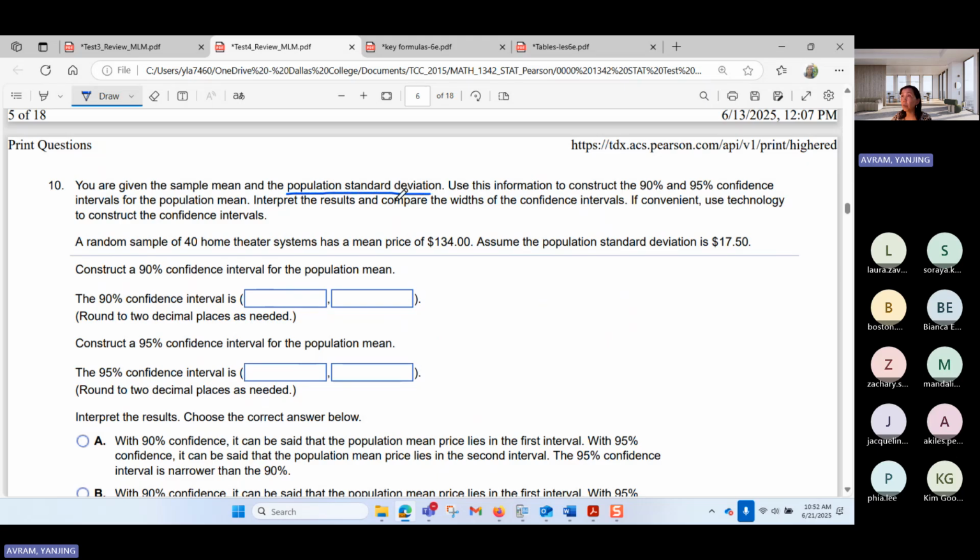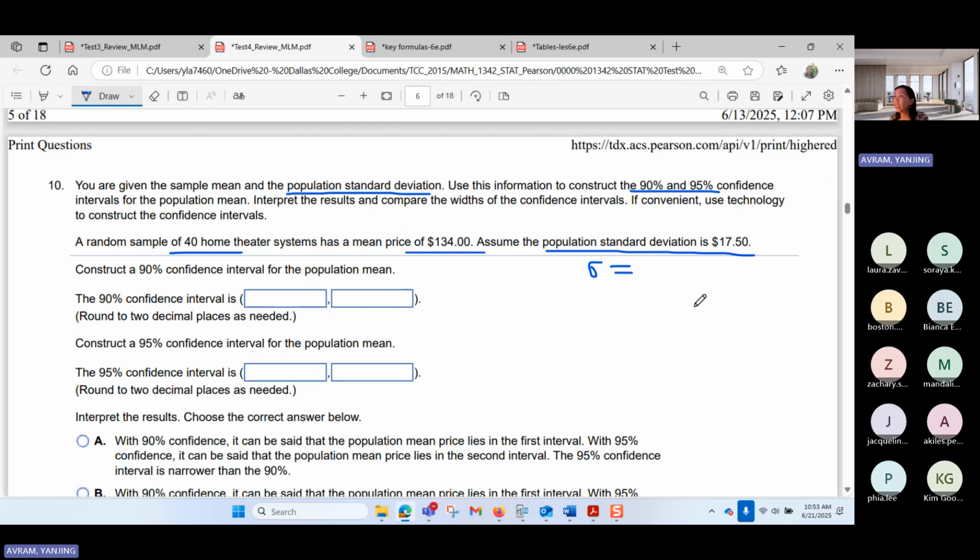This one is telling you the population standard deviation, which means this is sigma, equal to 17.5.